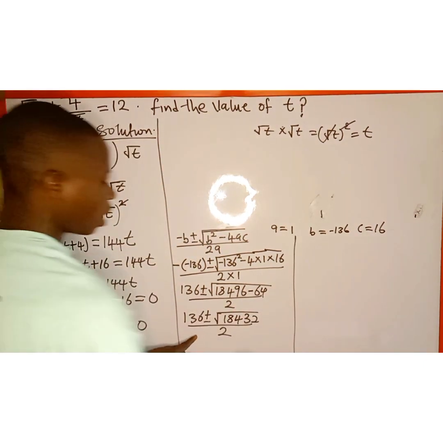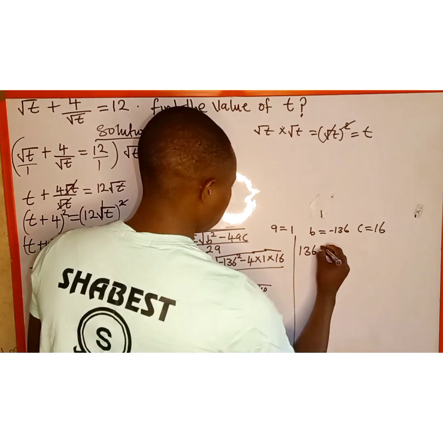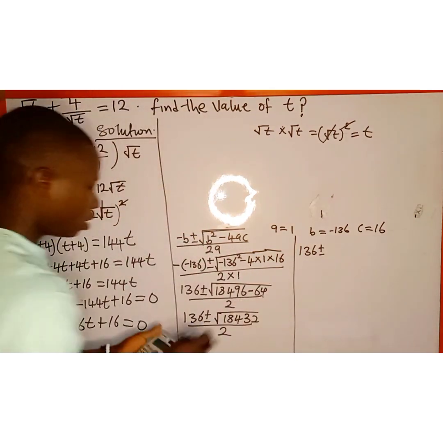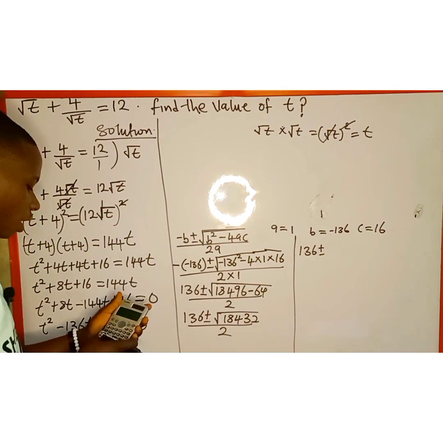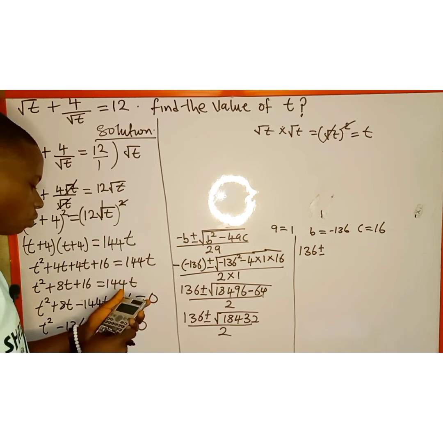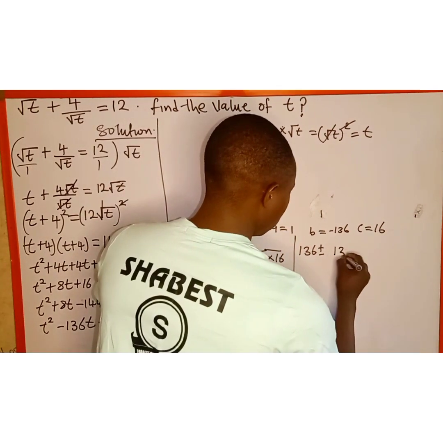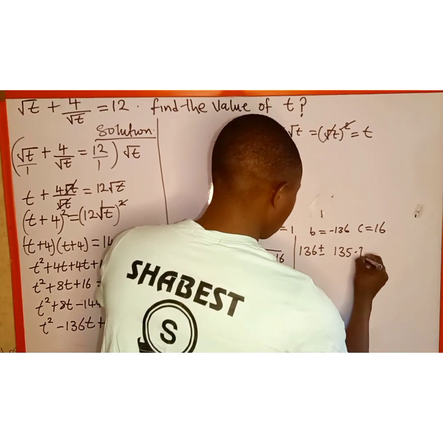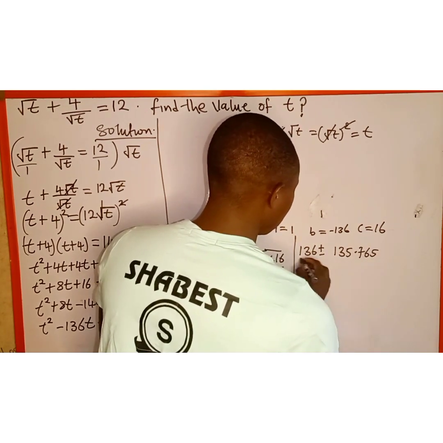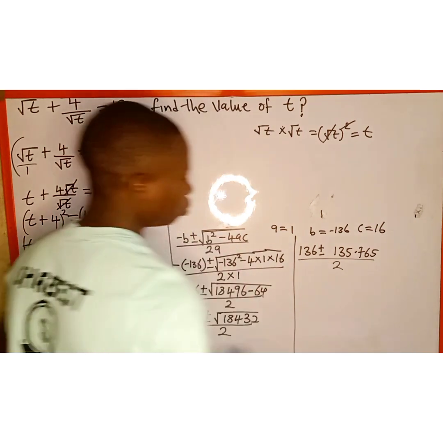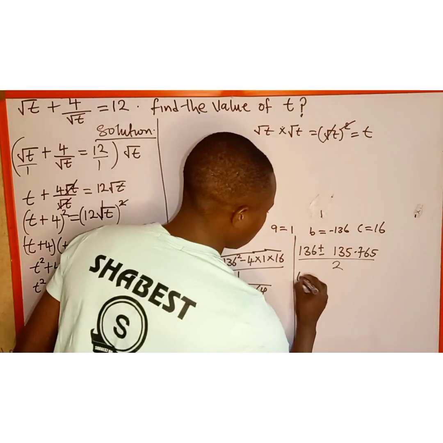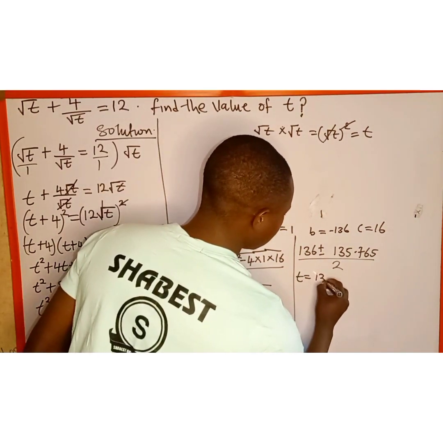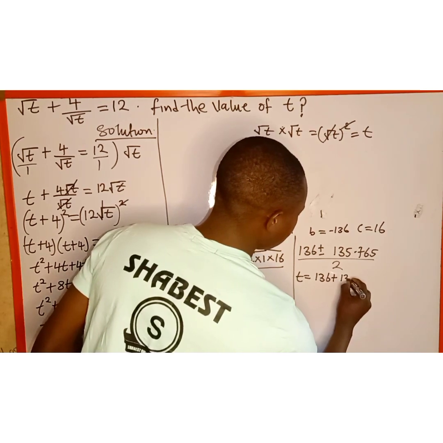So we have 136 plus or minus the square root of 18,432. It will give me 135.765, then over 2.